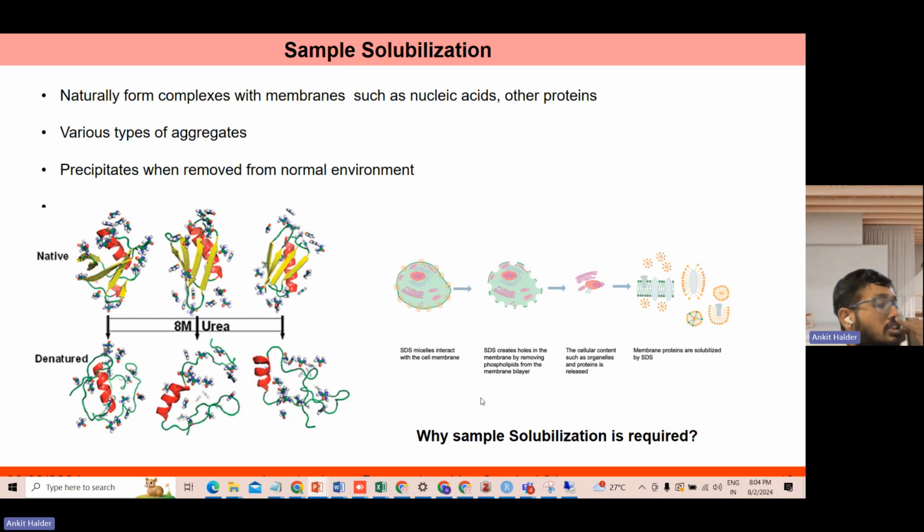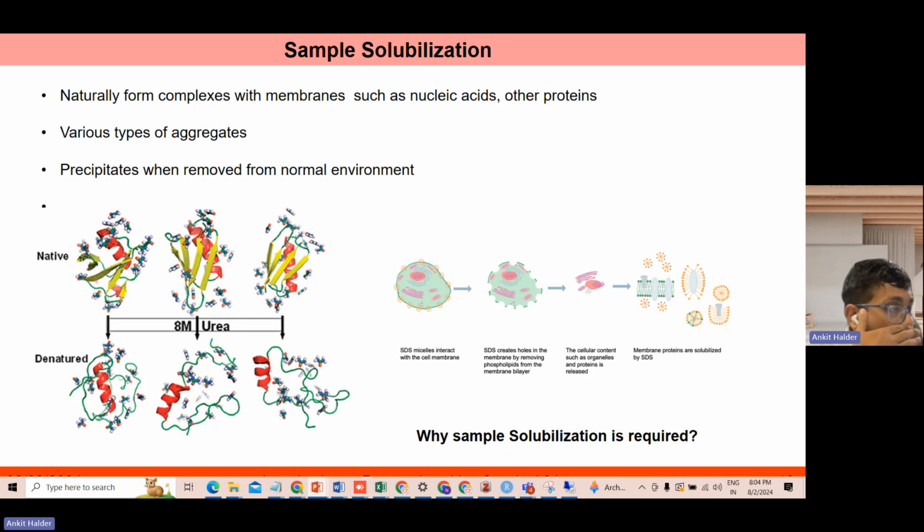These are some of the techniques through which solubilization can be performed, using urea or ionic detergents like SDS. Proteins generally remain in a complex state with different membranes, nucleic acids and other proteins, but they also form various types of aggregates and get precipitated out when removed from the normal environment.